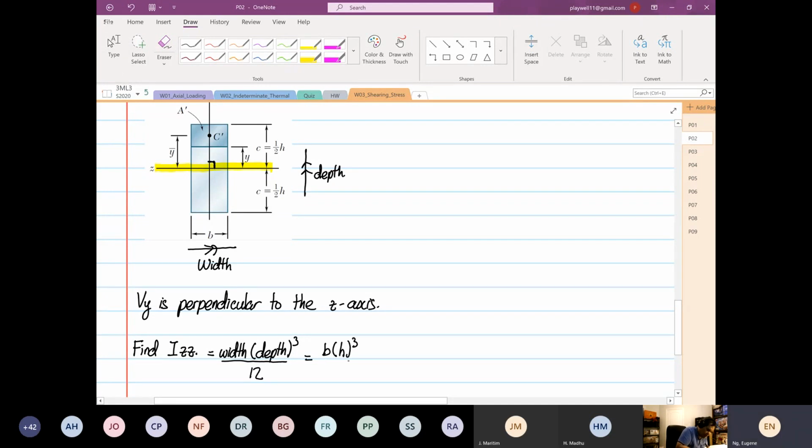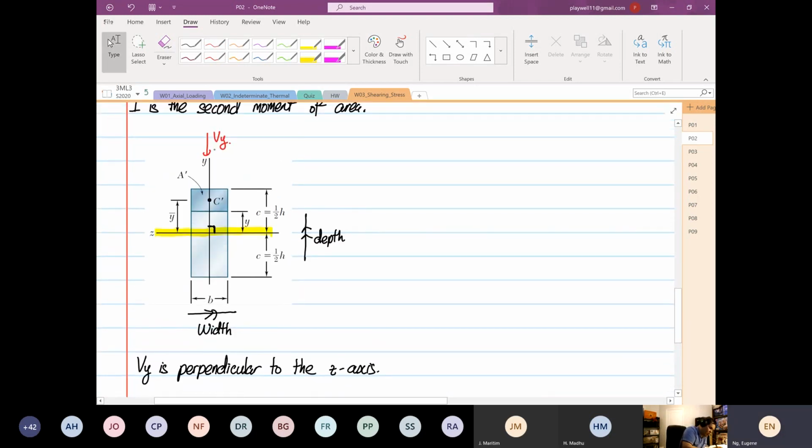Because Vy is in a vertical direction, it intercepts the ZZ axis in a perpendicular way. That's why you have to take Izz.